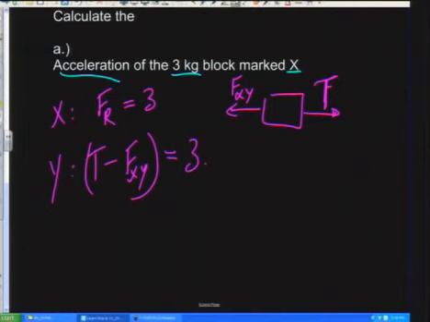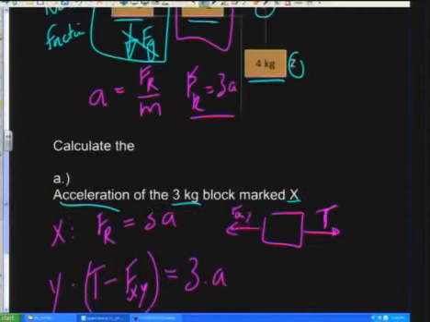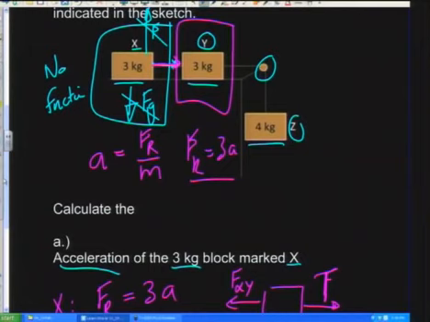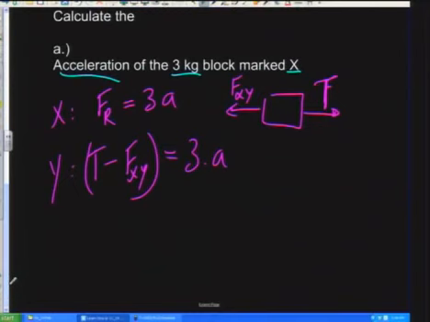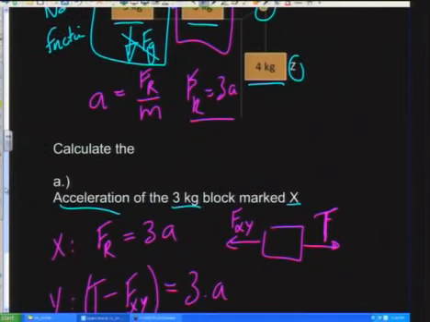That should have been 3 times A, because they were both 3 kilograms. This one's 3 kilograms, that one's 3 kilograms, and we're wanting to get the acceleration. So it's a bit of a long way around, but we're almost there. The final thing that we're going to do is we're going to say Z. This is this bit here. Now, look at what Z is doing.